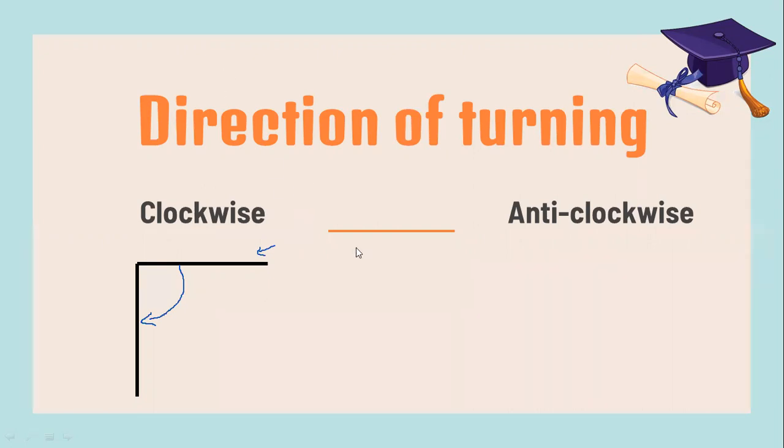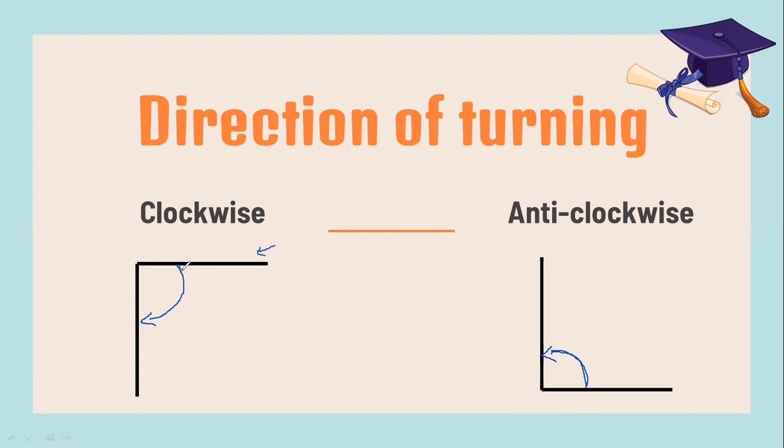And then how does anti-clockwise look? We have the line here, and then we turn this line. We have the other line like this. So the amount from this to this is called anti-clockwise.